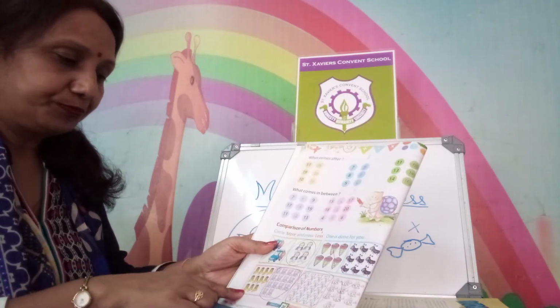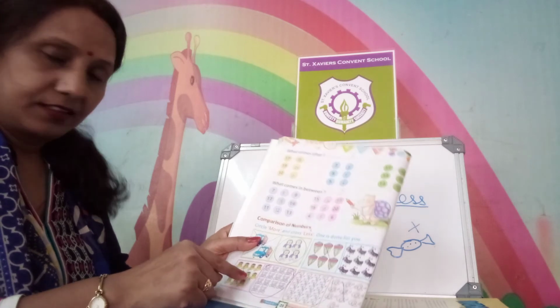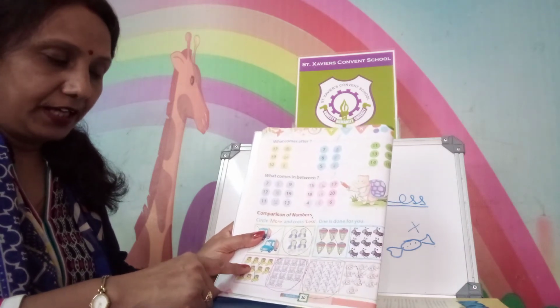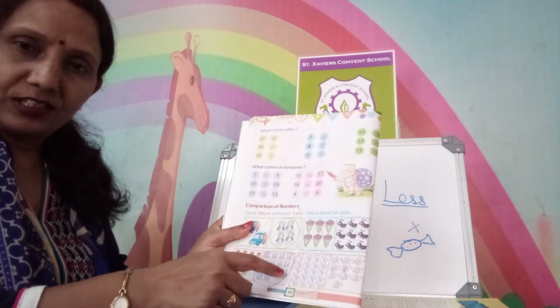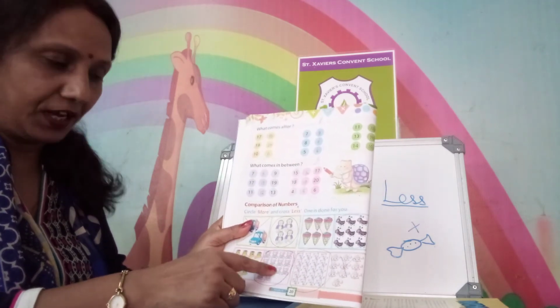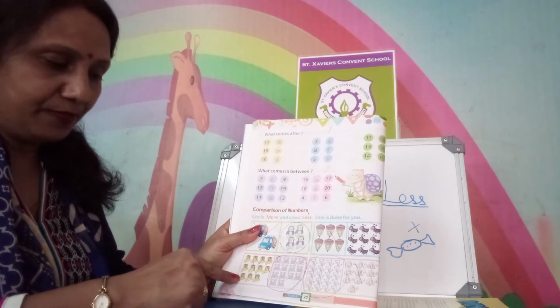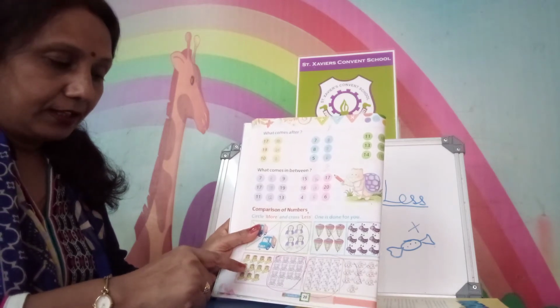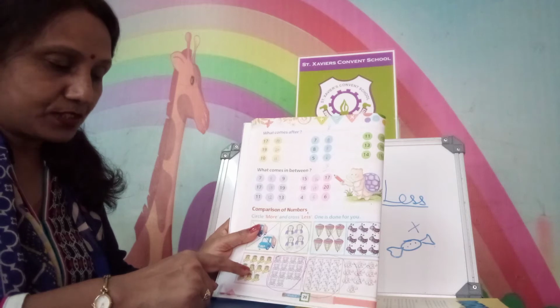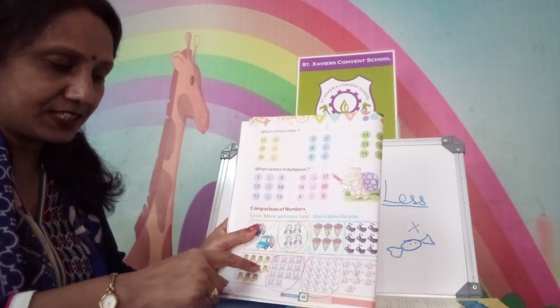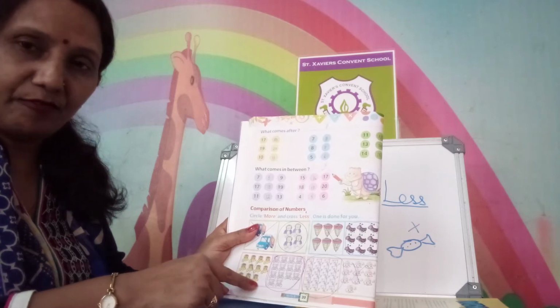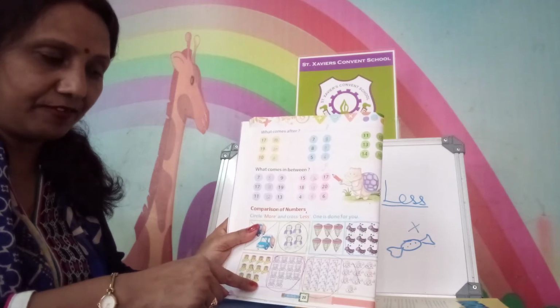Here you see the next picture, taps, and one more picture of a group of toys. First one, that is the taps. Count it. How many taps are there? 1, 2, 3, 4, 5, 6, 7, 8, 9, 10, 11. 11 taps.